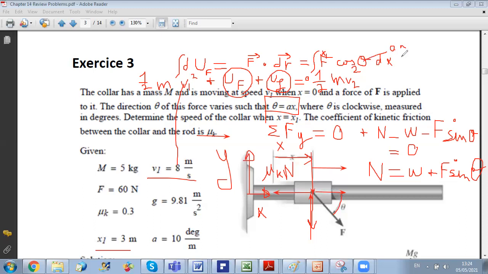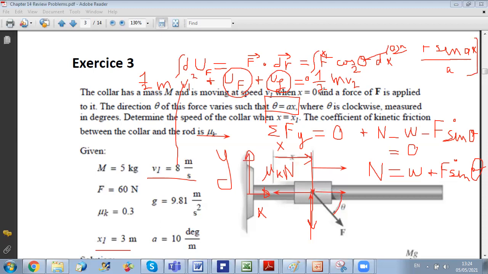But here, since you are integrating with respect to x, you should pay attention to divide by a. So the integral here will give you F sine ax over a between your boundaries. Your boundaries are from 0 to x1. So you apply this integration between the two boundaries and you get the work of F.